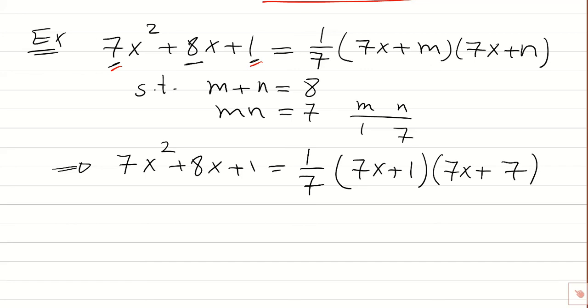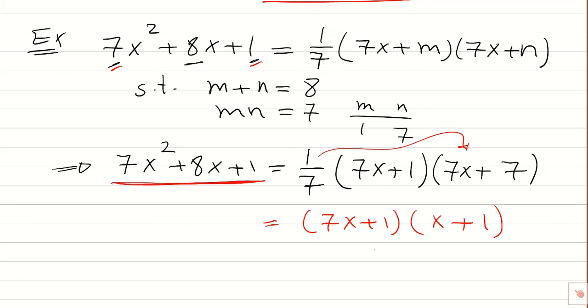And then the final step is to multiply this 1 over 7 into one of these parentheses. Well, in this case the second parenthesis is better because 1 over 7 times 7x will give us x, plus 1 over 7 times 7 gives us 1. So this is the factored form of this quadratic.